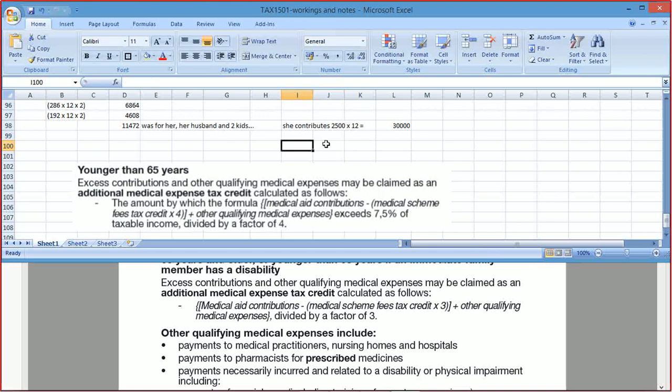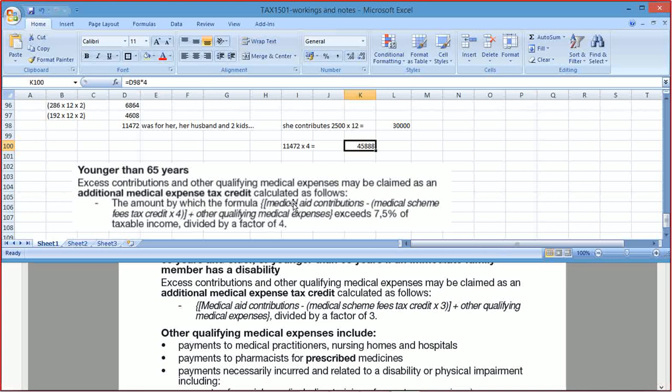Okay, so 11,472 times 4 equals what? Equals 45,880. Okay, so excess contributions and other qualifying medical expenses may be claimed as additional medical expense tax credit calculated as follows.